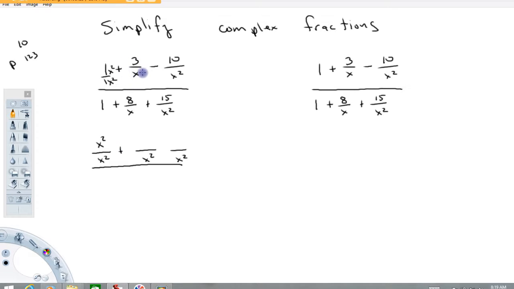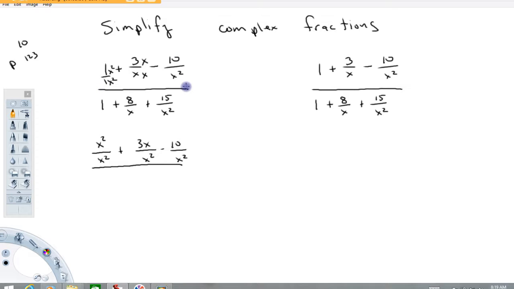To turn this into an x squared, we would need to multiply by x. But again, if you do the bottom, you have to do the top. So this is going to be 3x over x squared. And then this one is fine just the way it is. So we'll just put minus 10. So here's the top with everything written with a denominator of x squared.